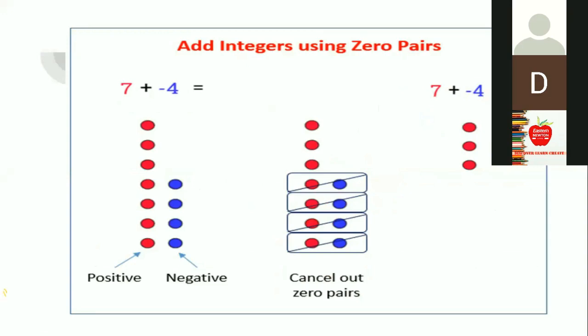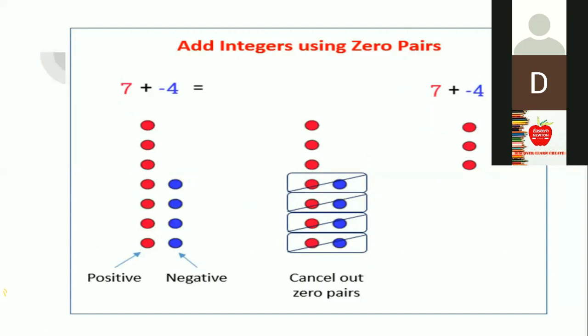Here also it is addition of integers. Addition of positive and negative numbers together. Here we are adding 7 plus minus 4. Minus 4 and 7 are added. So what is happening? Here for the positive values we use red color, and for the negative values we use blue color.